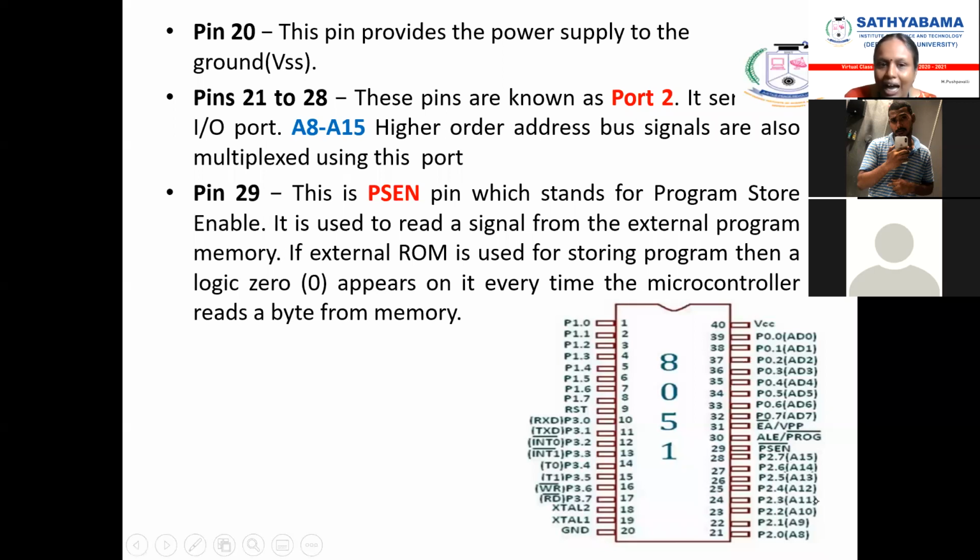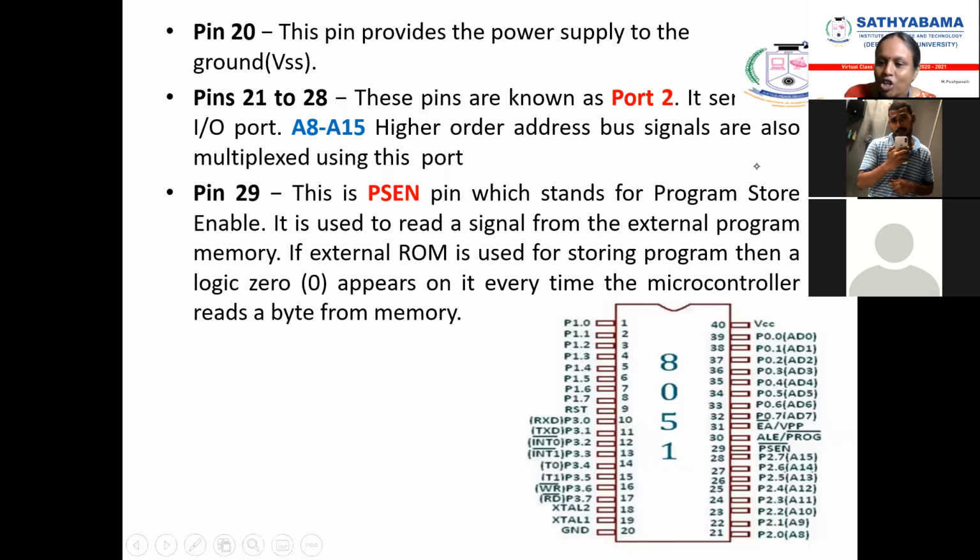So you have seen the higher order A8 to A15. It serves two purposes. The higher order address bus is connected to port 2. When you see port 0, you have seen AD0. What is meant by AD0? Address data line. Address and data lines are multiplexed.